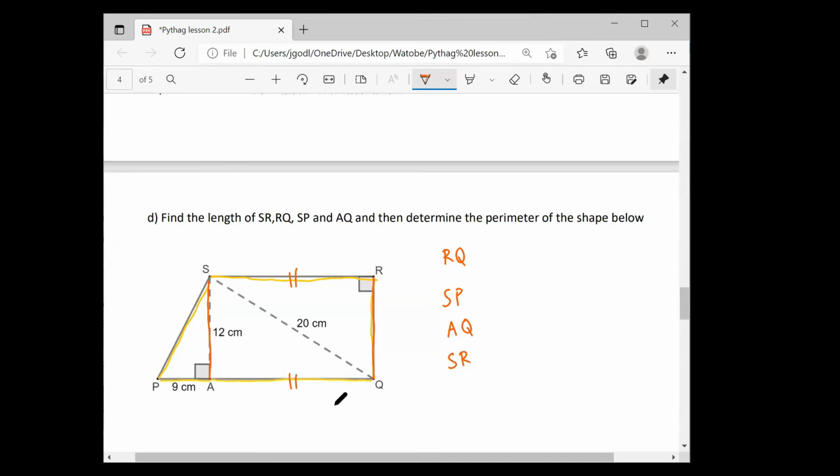There we go. Okay, so we have RQ. I'm liking that for RQ. SP, I'm liking that for SP. We're making good progress here, guys. Do you see why Pythagoras is our friend? All these good things.